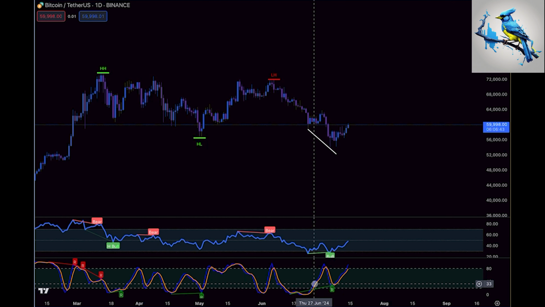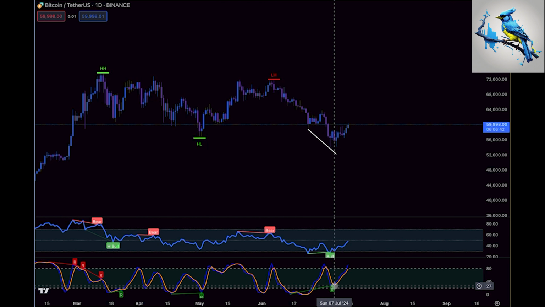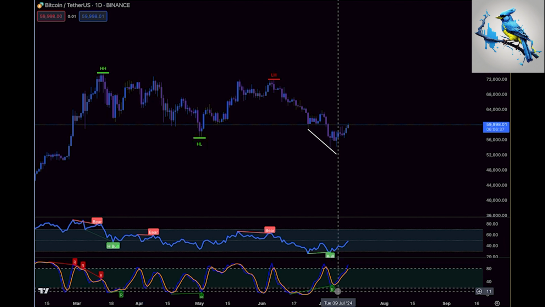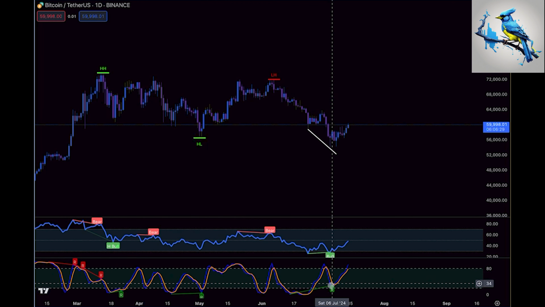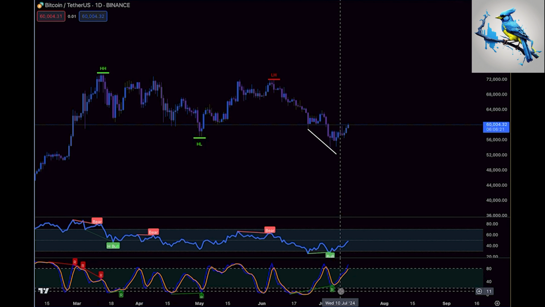Now, what do you notice about what happened here? The lines came down, but they did not get into oversold territory. The bulls took advantage of this divergence, stepped in, and were able to push price up. And that's why we got our cross of the fast line over the slow line before this got into the oversold territory.